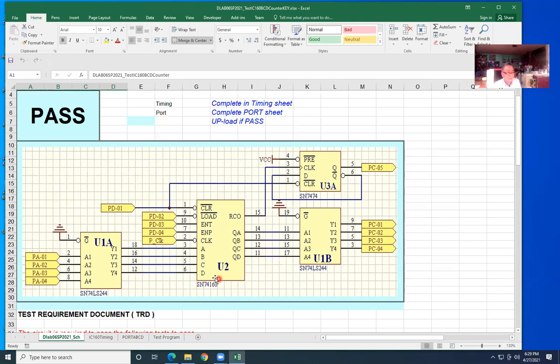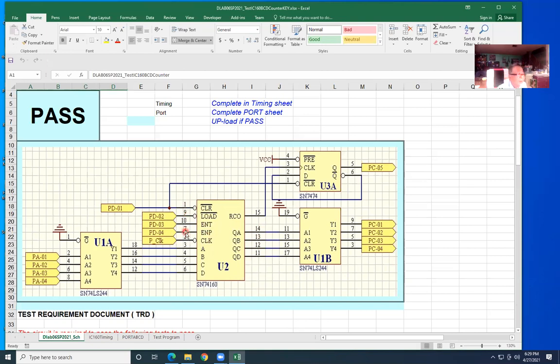So when you get a problem, they're not counting. That means you apply the clock, the output is still 0. Then for troubleshooting, make sure pin 1 must be 1. Pin 5 must be 1.